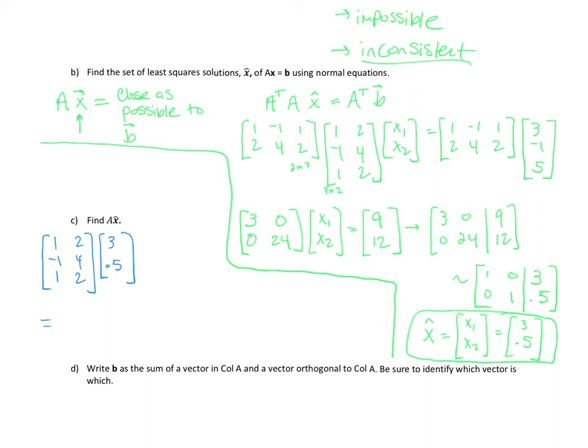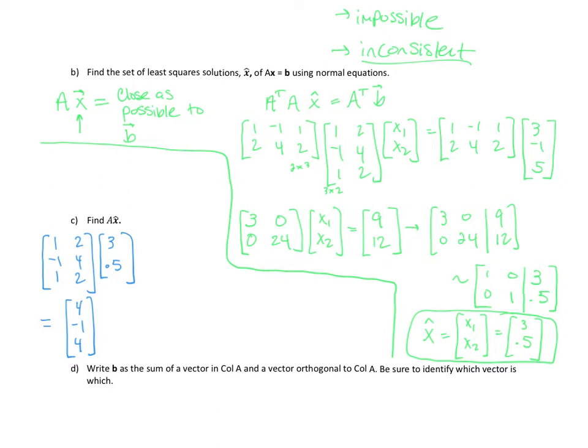So I'm going to get 3 plus 1. This is going to be 3 by 1. 3 plus 1 is 4, and -3 plus 2 is -1, and 3 plus 1 is 4. So 4, -1, 4.